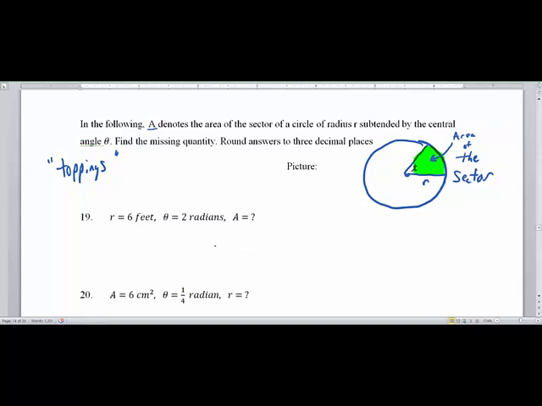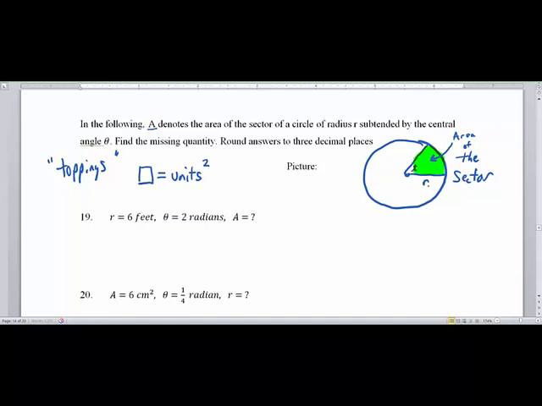So in the previous video, the arc length was the crust. Now the area of the sector would be the toppings. Now what we have to do is assume the toppings are actually square, because the square means that we're going to have our units squared in any kind of area.